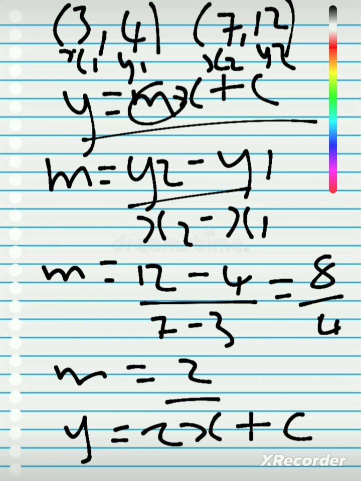Okay, so we continue now, since they have told us that it passes through (3, 4), where x is 3, so we're going to put 3 here, and y is 4, we're going to put 4 here. So y is equal to 2x plus c.